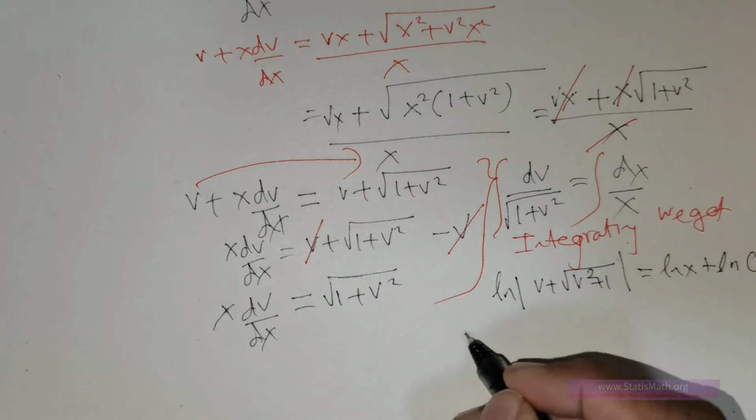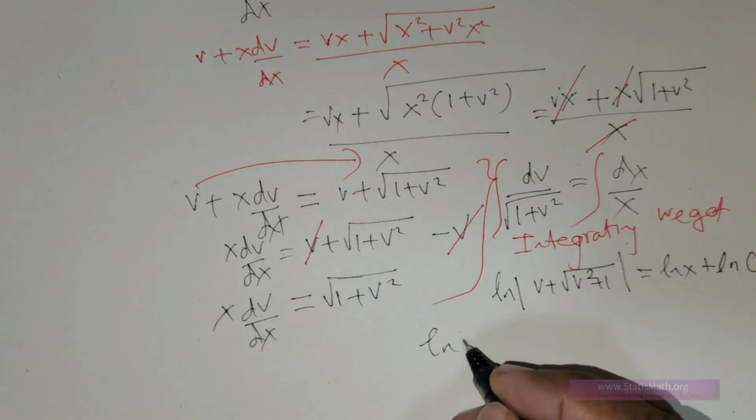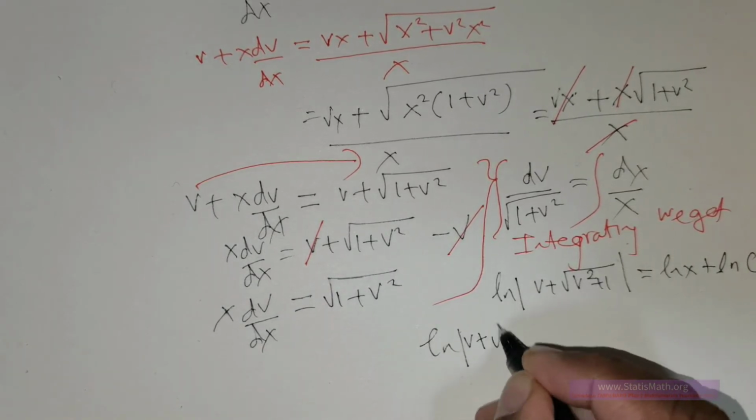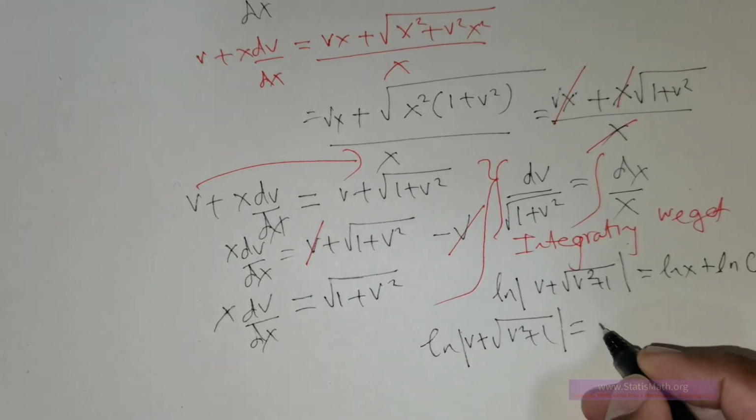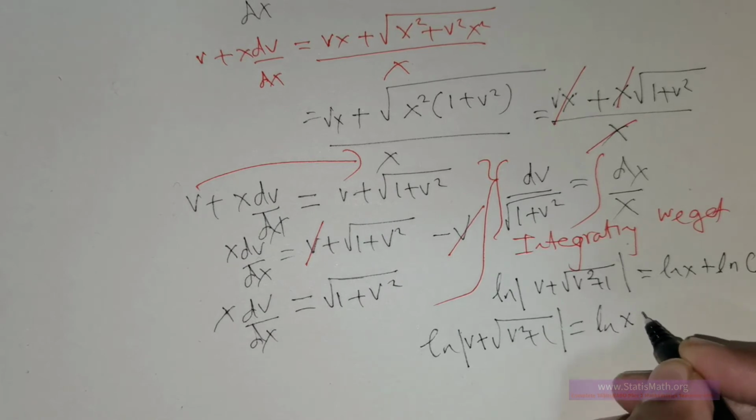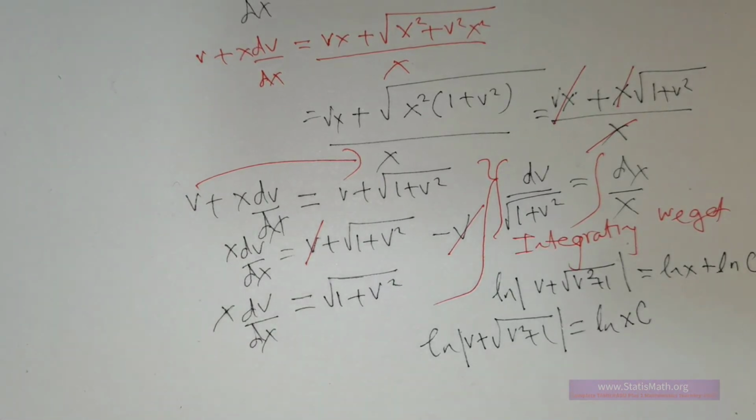Now this can be further rewritten using ln a + ln b, which gives ln(xc). So this is what we get.